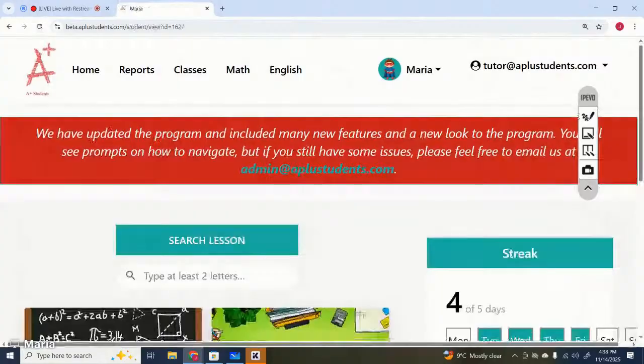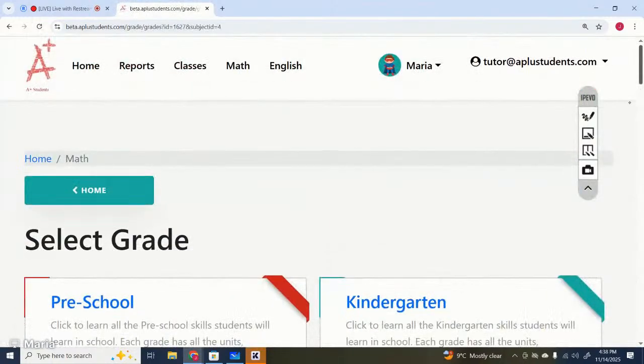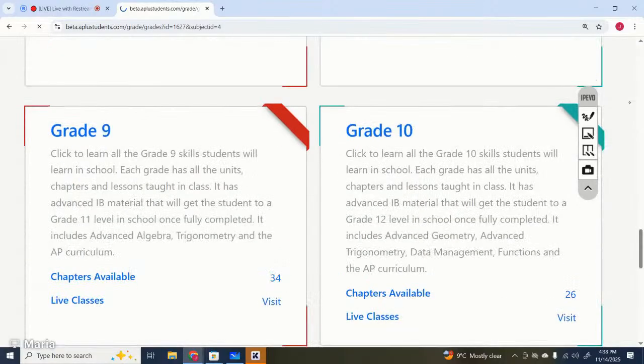If you have any questions, you can simply click on the live chat button. Tutors are available there to help you right away.